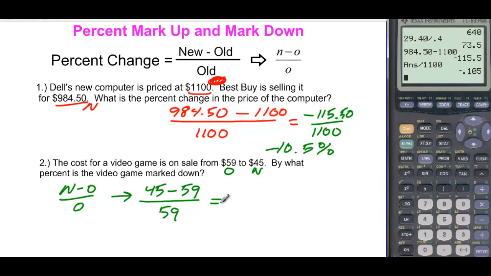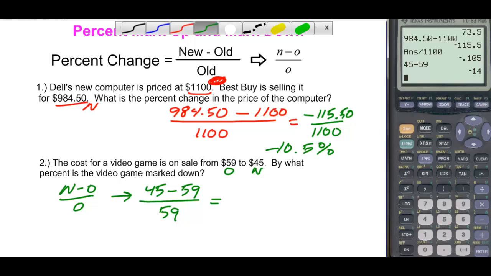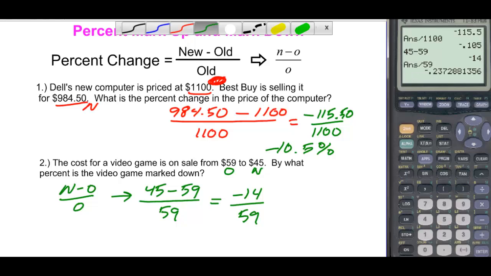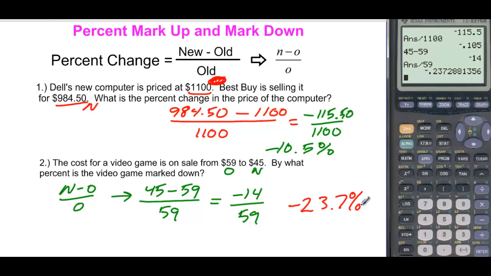Let's see what that equals. 45 minus 59 is equal to negative 14. And again, the negative tells me that it was a discount, so it decreased. Let's divide that by 59 and see what happens. Negative 23.7%. Great example there.